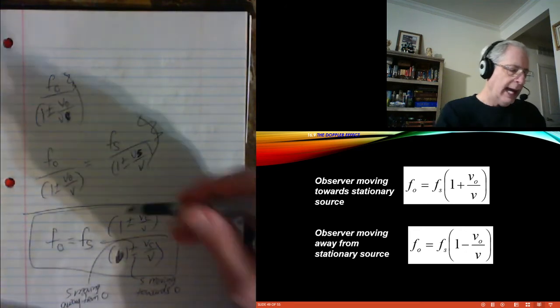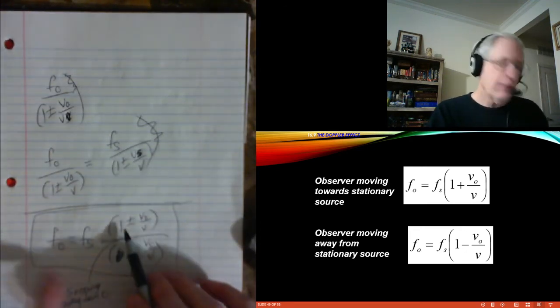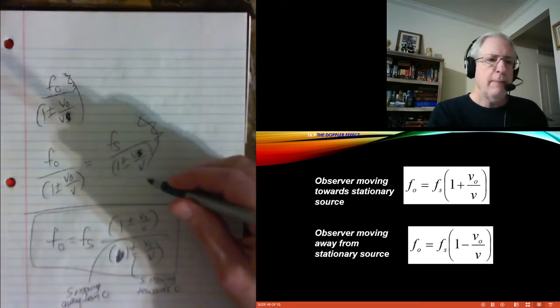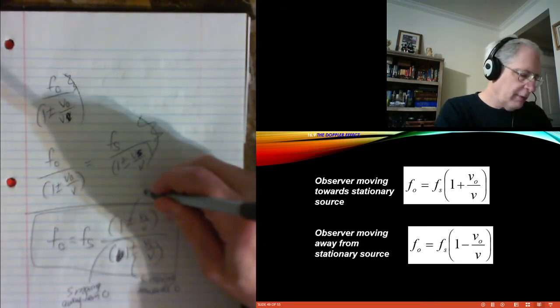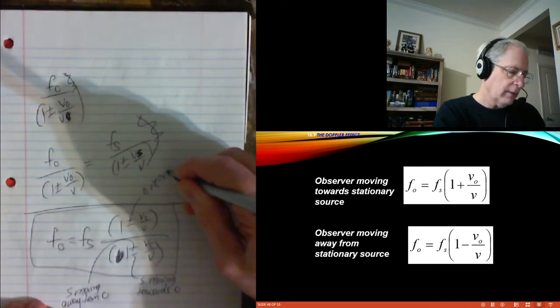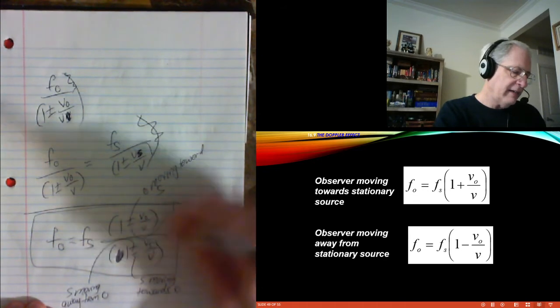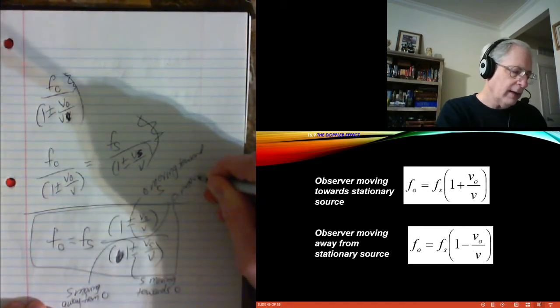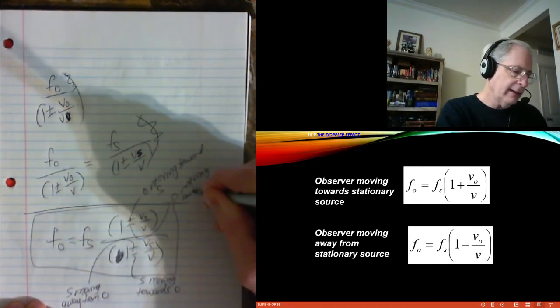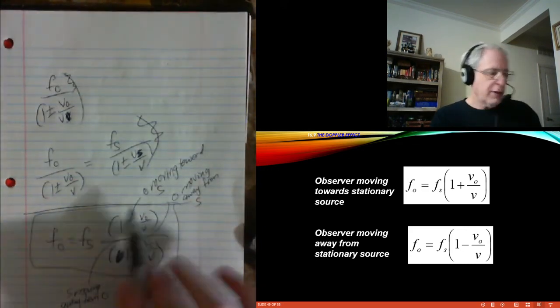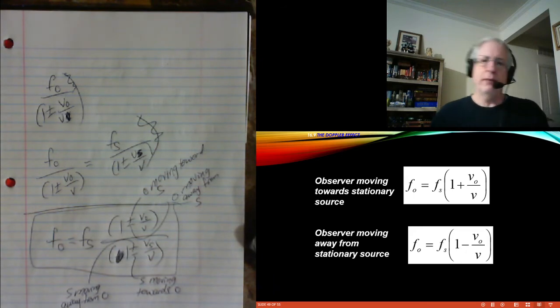Okay, but for the observer, it is positive when the observer is moving towards S, and it is negative when O is moving away from S. So the plus minus changes, and the reason for that is simply because it's the perspective difference, right?